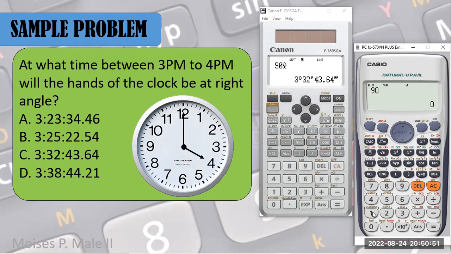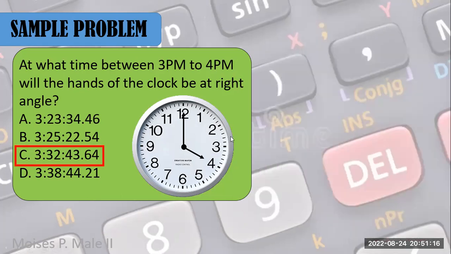We need to get the x hat. Okay. Reg. Then, 4. Equals. Then take this to transform it to degrees, minutes, seconds. Okay? So, 3, 32, 43.64. So, same. So, the correct answer is letter C.